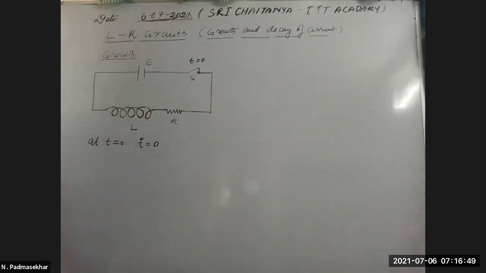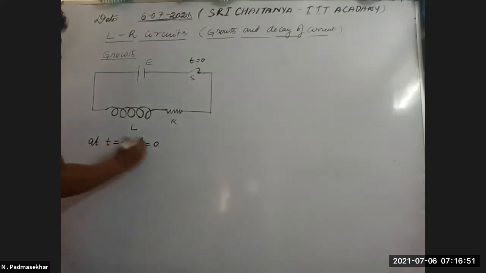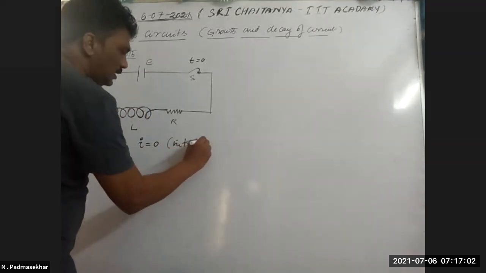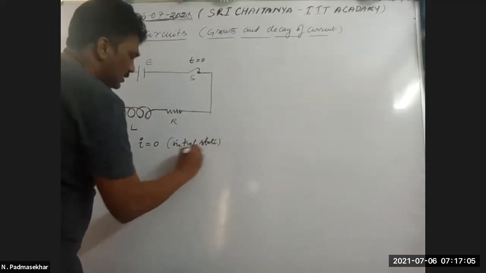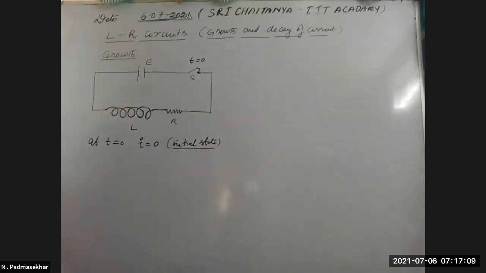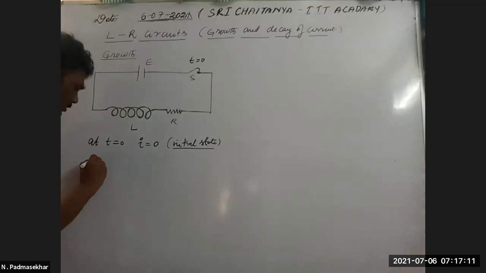T is equal to 0, I is equal to 0. So now the circuit is in what we call the initial state, and the circuit behaves like this.